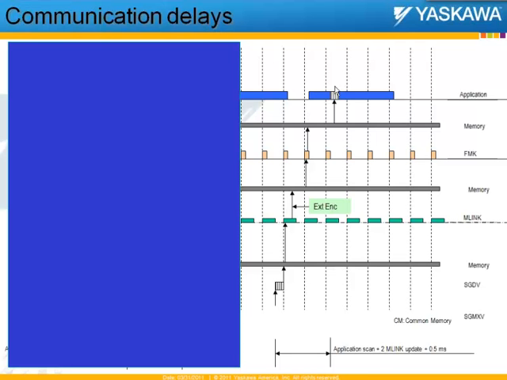So if you read the actual position of a motor, you are essentially reading the position of the motor at this time and not at this time. So there you can see that there is at least 2 Mechatrolink scans worth of delay for data flowing up into the application. And if an external encoder is used, that data comes in here, and that also involves up to 2 Mechatrolink scans worth of delay.